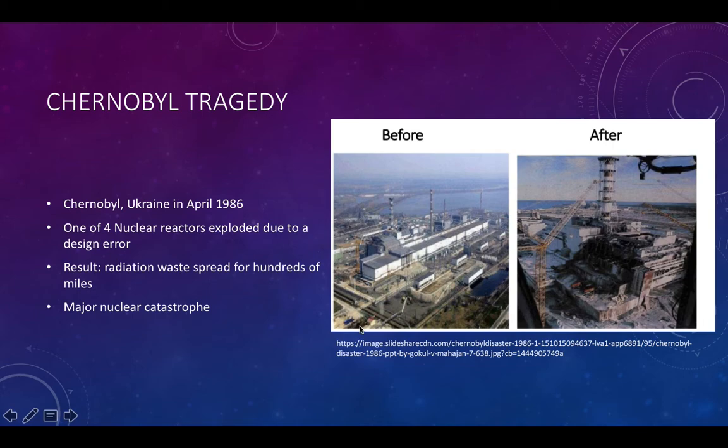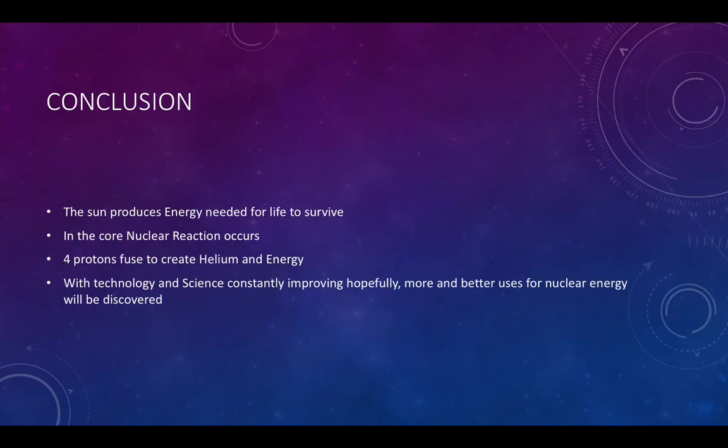Radiation waste spread for hundreds of miles, and it was a major nuclear catastrophe, and a lot of people either died, mutated, or got cancer, and a lot of them even today suffer from those terrible effects. It covered a lot of the northern part of Europe. There was another one called the Three Mile Island tragedy, which is a similar event.